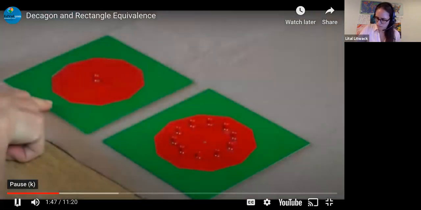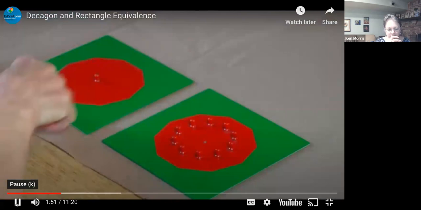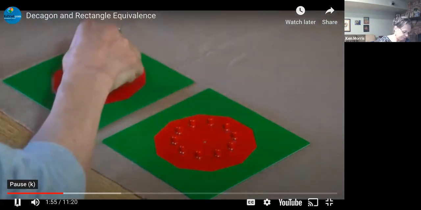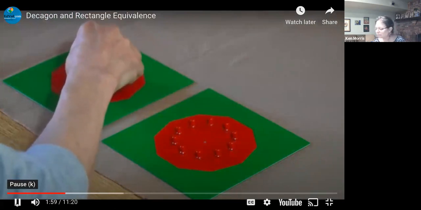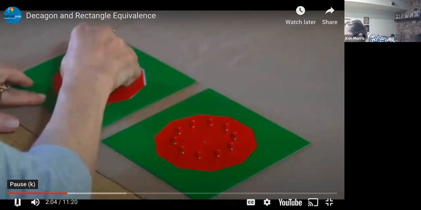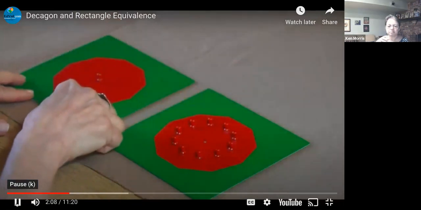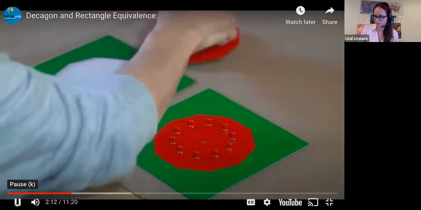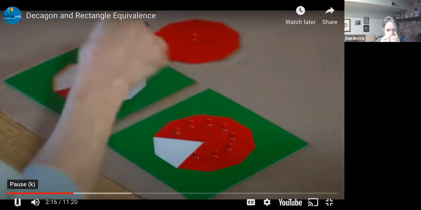So this is another regular polygon. This is a decagon, a regular decagon. A decagon has 10 sides, and a regular decagon has 10 equal sides. And I can prove that by rotating the decagon in its frame. This regular decagon is equivalent to the whole regular decagon.